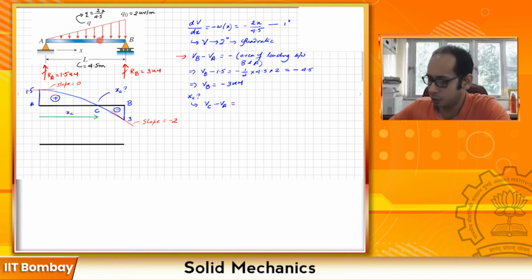Remember what I have marked as XC, it is this particular point. So the area of the loading diagram from here to here is going to be this part over here.